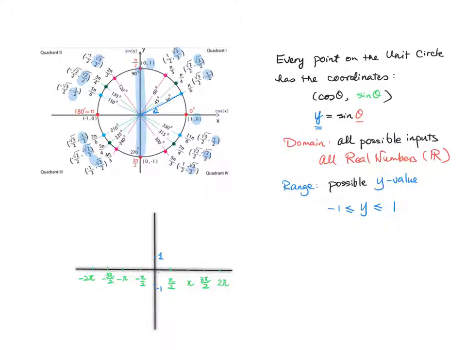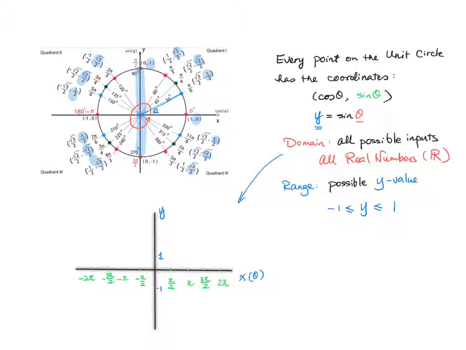Now, if I put all of this into a coordinate system of x and y, the x is my theta. For theta, one rotation is from 0 to 2 pi, 0 to 360 degrees.